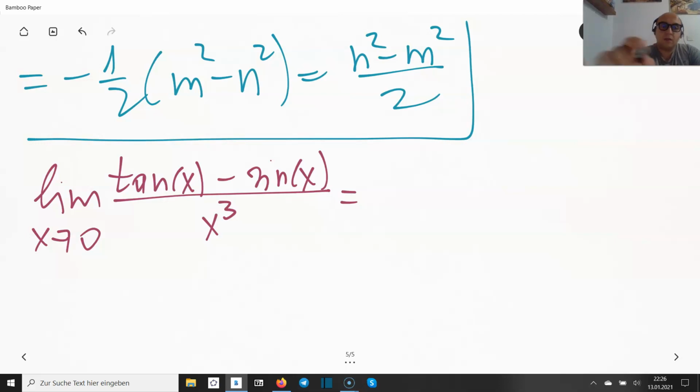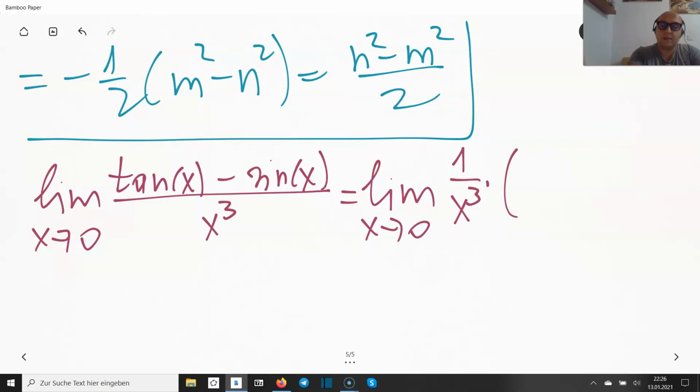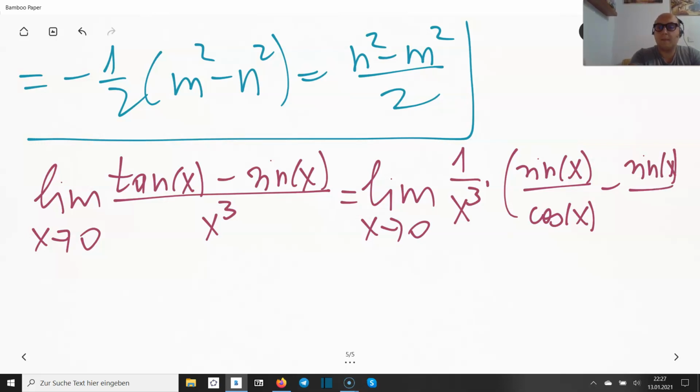Let's see. We can write it down as limit x towards 0. Let's kick 1 divided by x cubed in front. And tangent of x is sine of x divided over cosine of x minus sine of x divided by 1. All right.